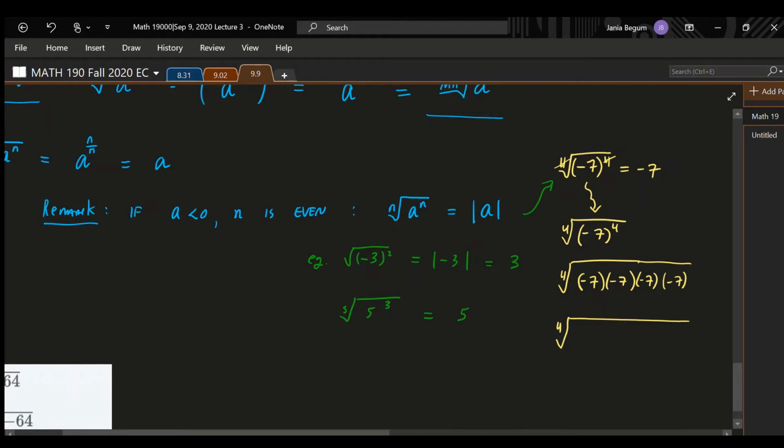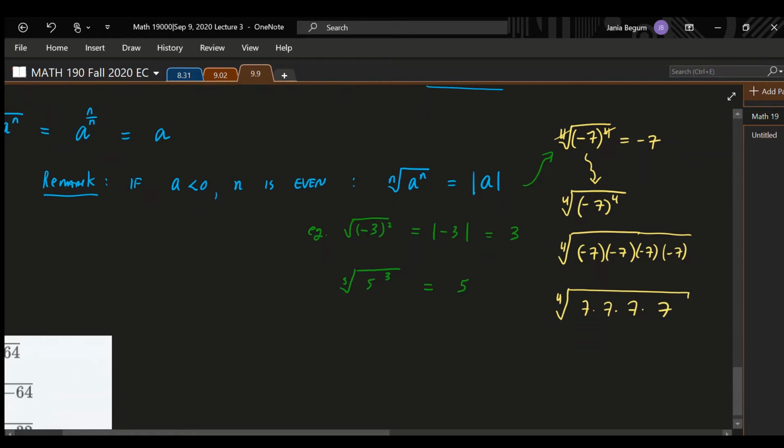So what you really have is 7 times 7 times 7 times 7. And if you group it as an exponent, you have the fourth root of 7 to the 4th. Well, now sure, 7. But you kind of have to think about it before you claim that's your answer. Makes sense, right?